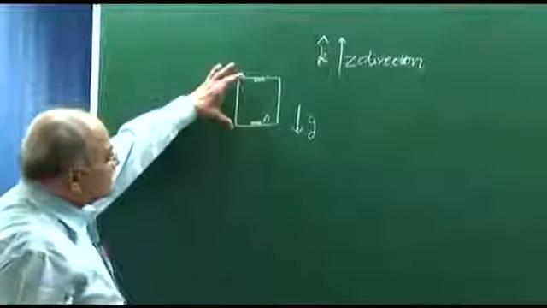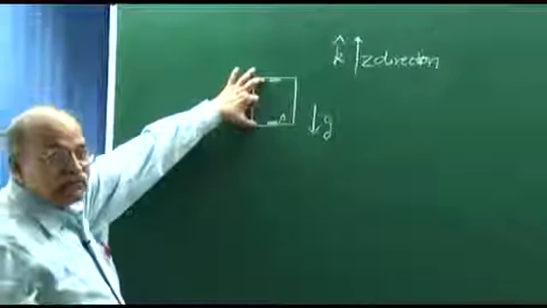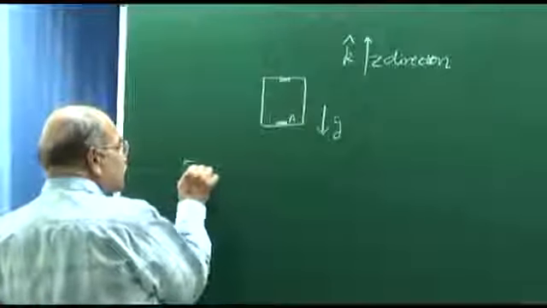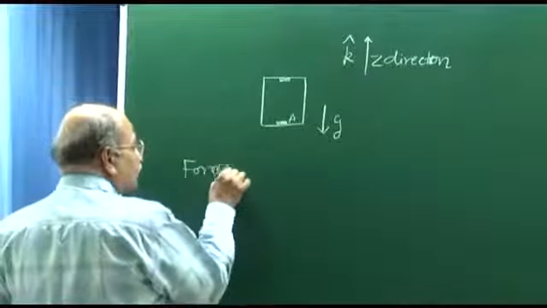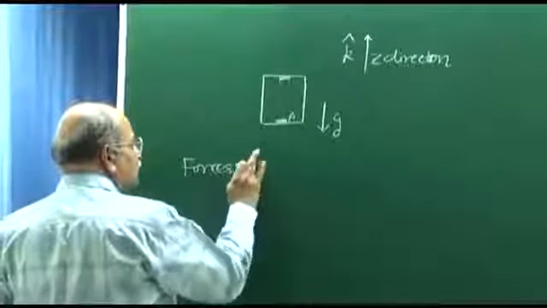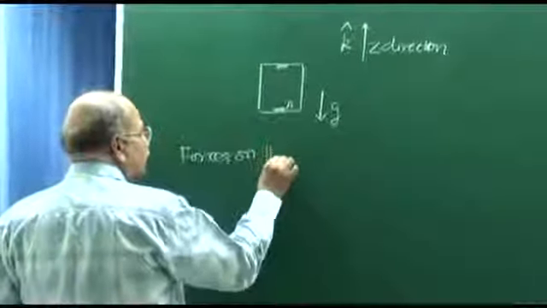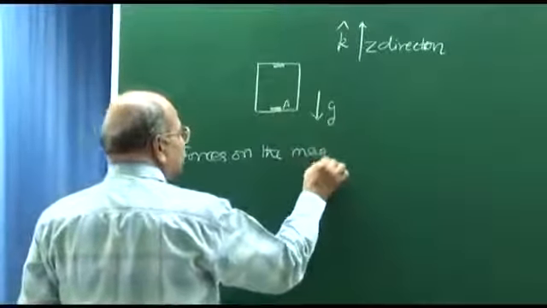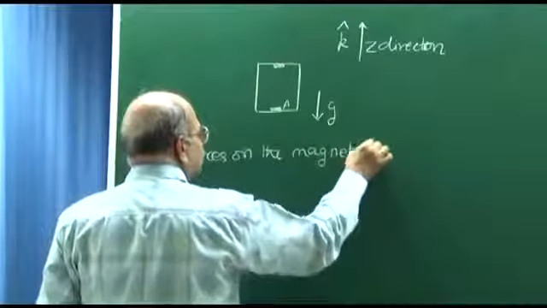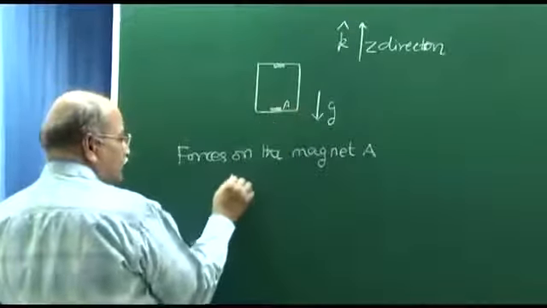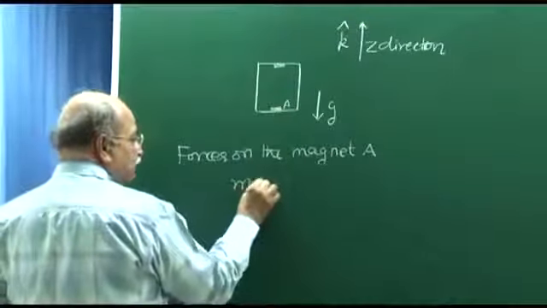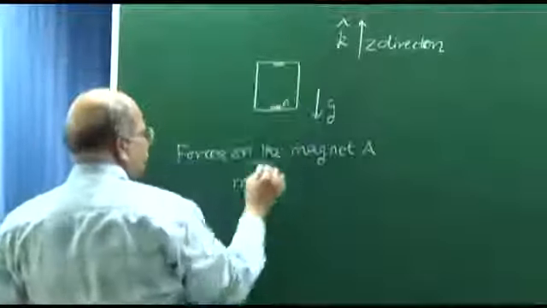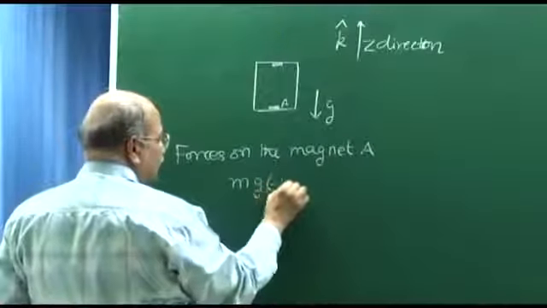And now I will analyze this from the box frame. So, forces on the magnet A. What are the forces? Weight mg, which is in the downward direction, we have taken z direction upward, so minus mg k cap.